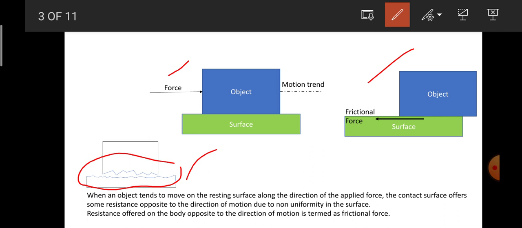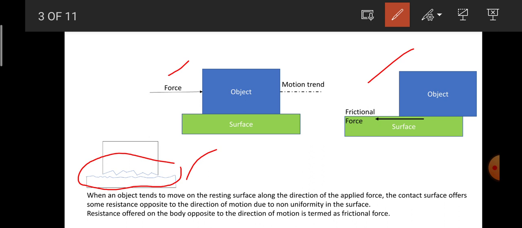When there is a motion trend, obviously the object starts to move along the direction of the force, but in turn, due to the non-uniformity of the contact surfaces, resistance is created in the opposite direction.